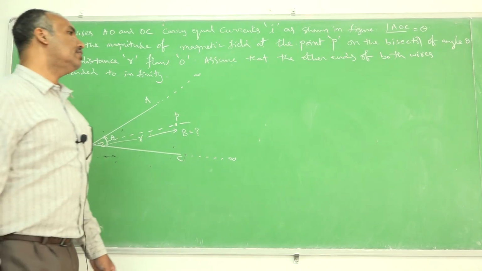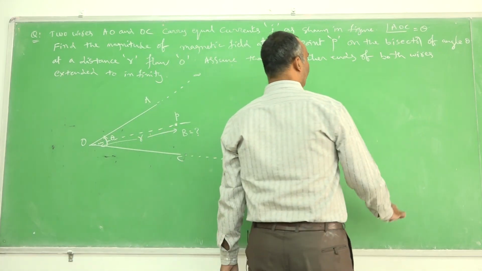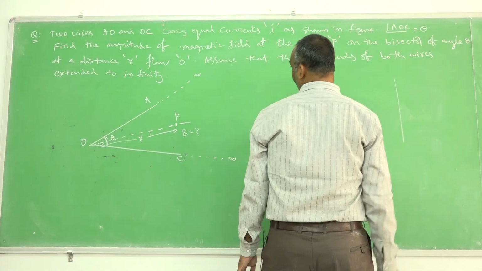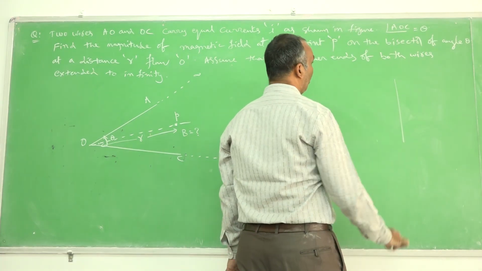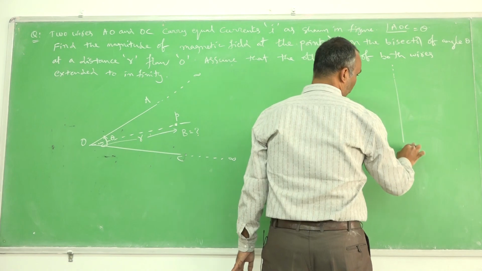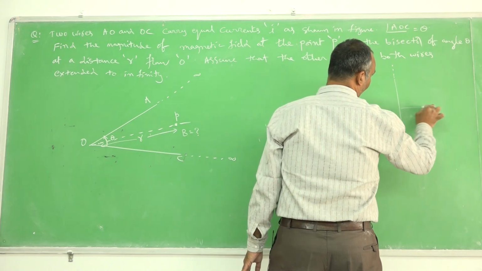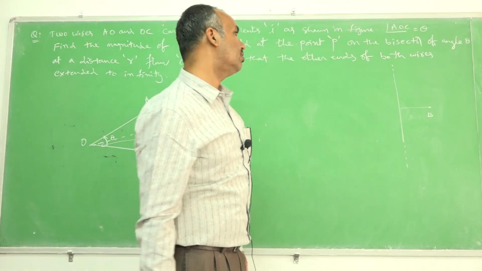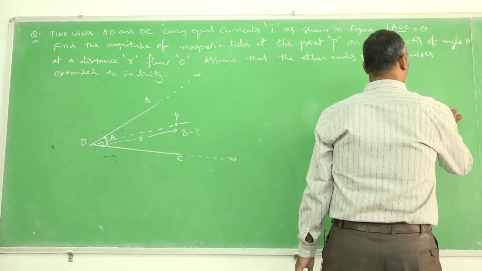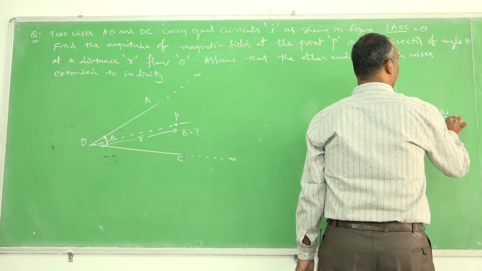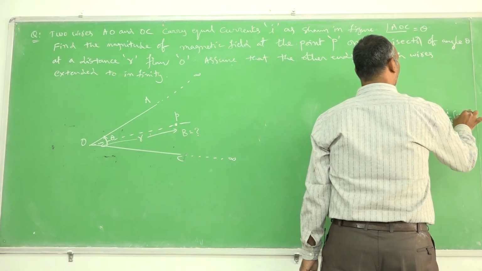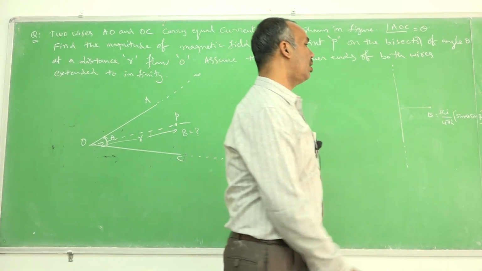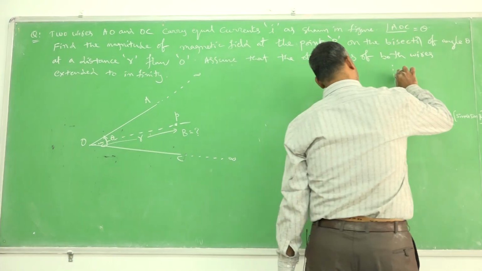We already know that if there is a wire extended to infinity on both sides, what is the magnetic field at this point? Because of the finite wire, it is mu naught I by 4 pi d (sin alpha plus sin beta).